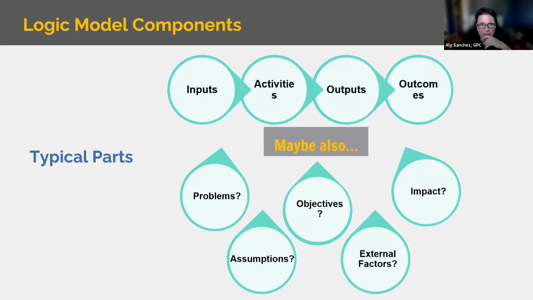We'll discuss these one by one shortly. And on the bottom, we have ones that sometimes appear as expectations or that you might want to include in a logic model. And those might be problems, assumptions, and external factors, maybe objectives embedded into a couple of the things, and impact as a separate item from outcomes.